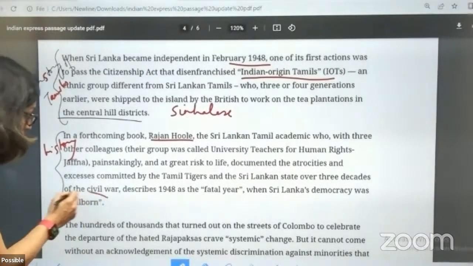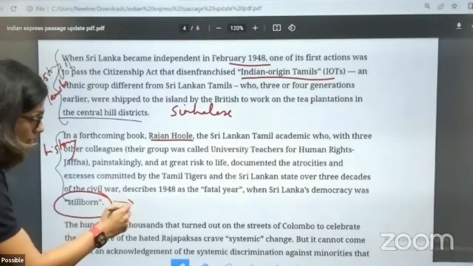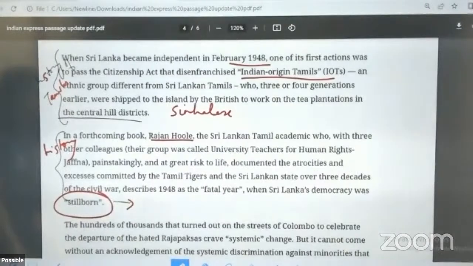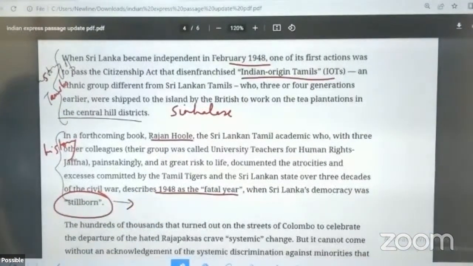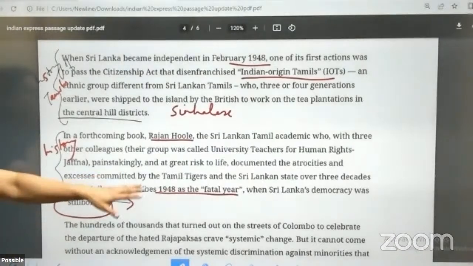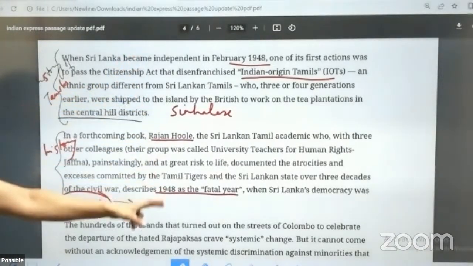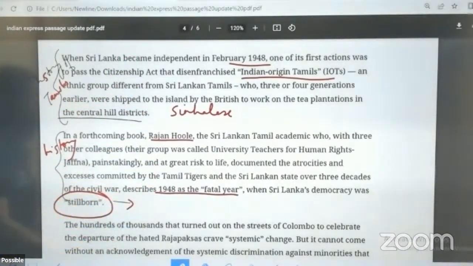Right? What is the meaning of stillborn? At a point, the author describes 1948 as the fatal year when Sri Lanka's democracy was stillborn. So maybe you do not know the history, but with this much reading, you can still give the meaning, the reference to context of stillborn.